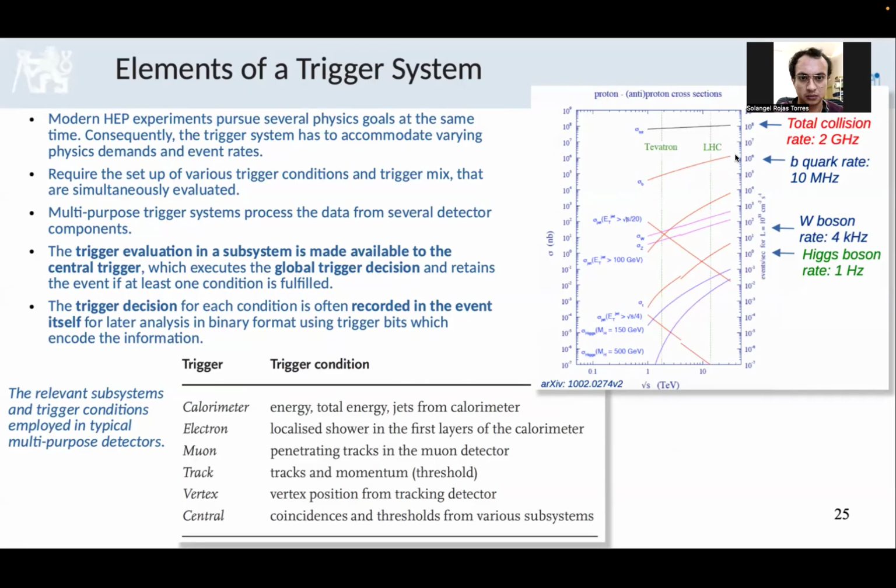Then you have the rate that you expect for b quarks, for the W boson, and for the Higgs boson. So you see that the frequency at which you expect these phenomena to happen varies. So that's why you need good triggers at different levels.